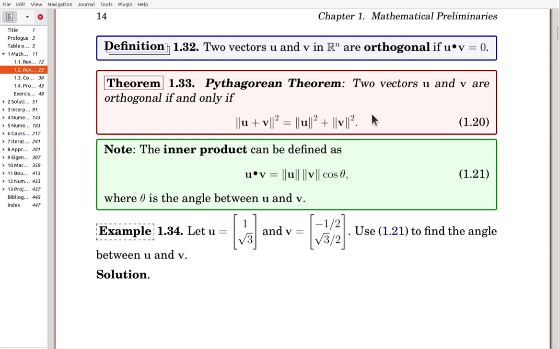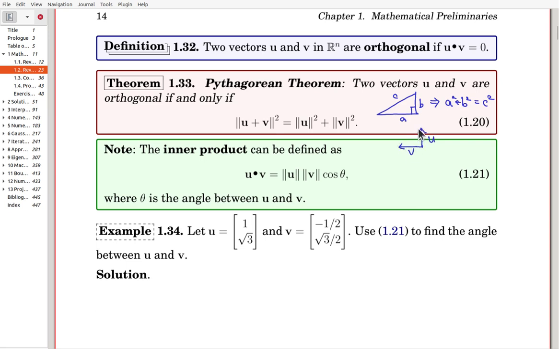Okay, from high school you learned this one. This is a right triangle, this is 90 degrees, and there's A, and there's B and C. Then we know that A squared plus B squared equals C squared. That's called the Pythagorean theorem. Now, the same way, I'll try to make u and v. That is a vector u, and that is v.